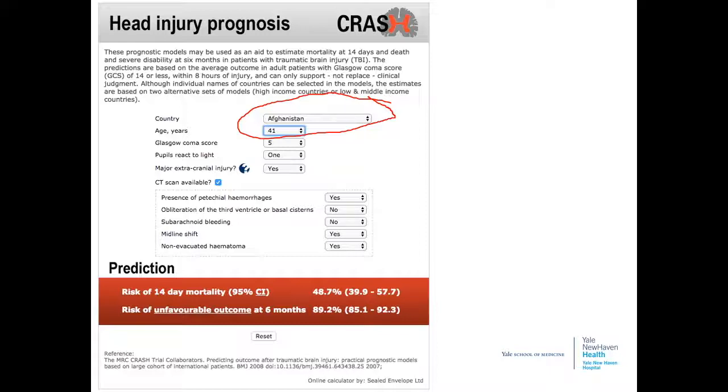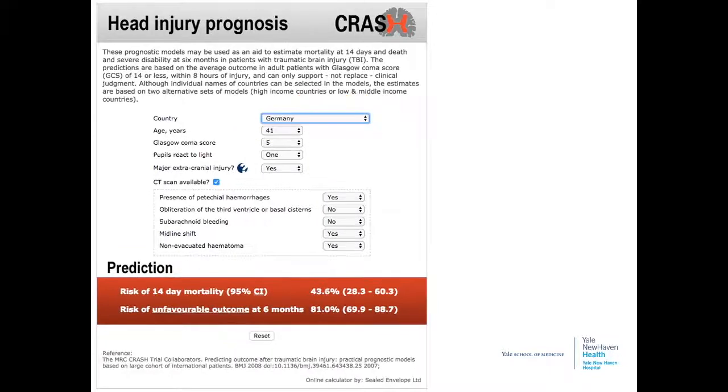This mitigates to some extent this idea of how different practice patterns locally might not apply from country to country or situation to situation. Here you can see if you keep the patient the same, but you change the country from Afghanistan to Germany, there's a difference in the online calculator's estimates of what 14-day mortality and what unfavorable outcome at 6 months might be.